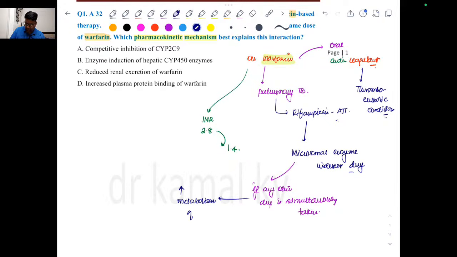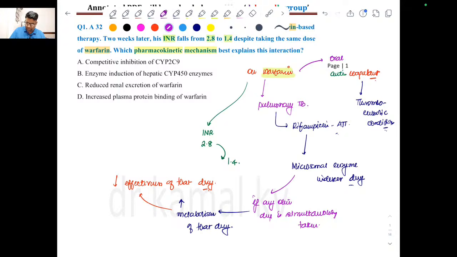And once the metabolism is increased, it means decreased effectiveness of that drug. So here there will be decreased effectiveness of warfarin.